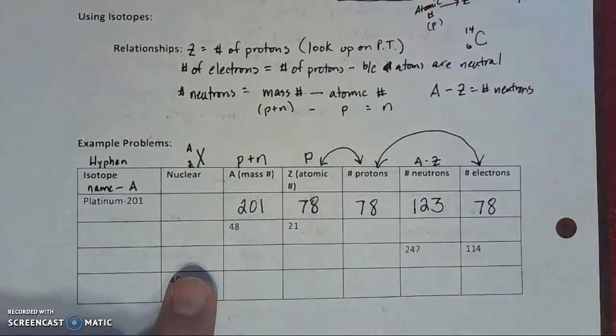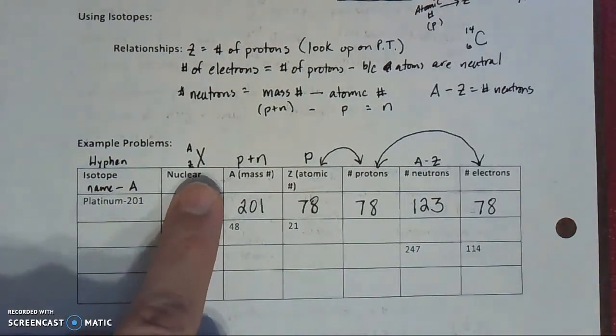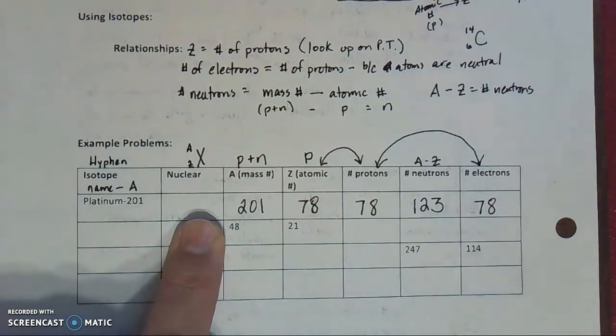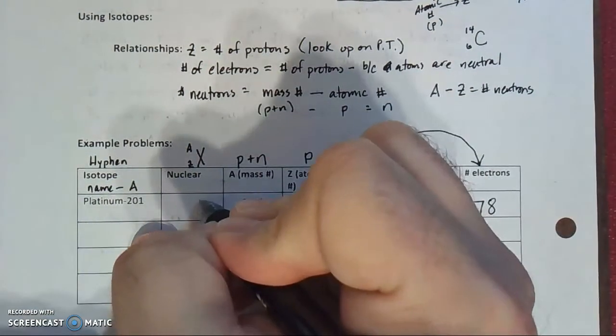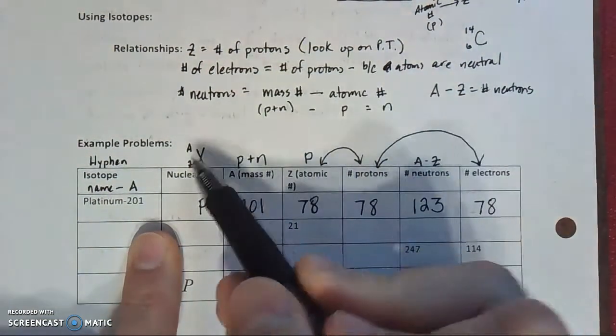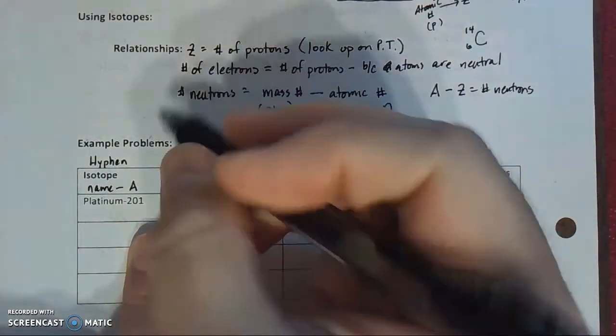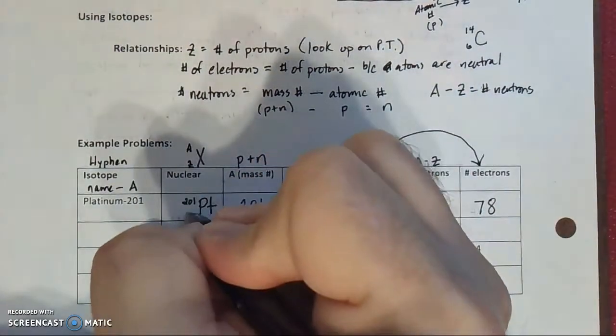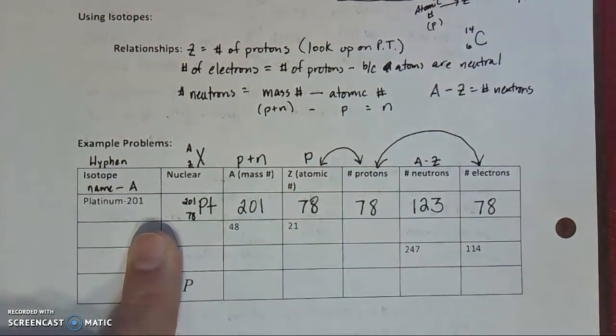I typically save the nuclear column for last. So for this one, remember that we put the symbol of the element, so you might have to look at its symbol on the periodic table, which is Pt for platinum. And then we write the A number, the mass number, as a superscript, and the Z number as a subscript.